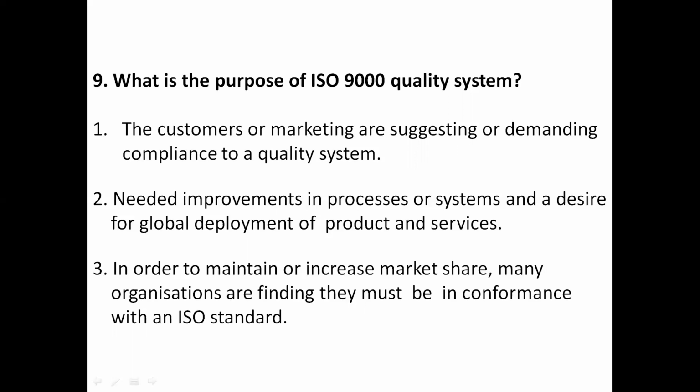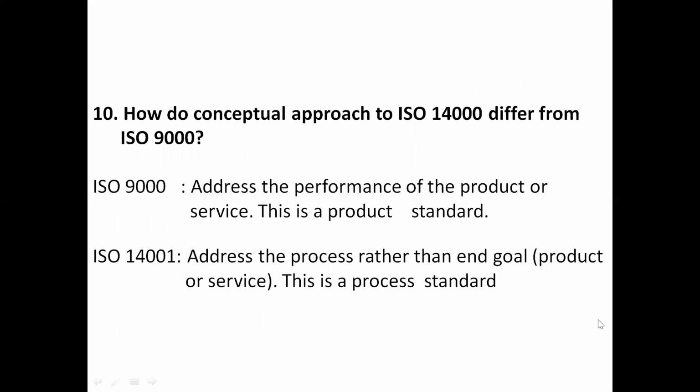If you want to compete in the global market, you have to improve the process. In order to maintain or increase market share, many organizations are finding they must conform to the ISO standard. This is the minimum passport required to travel in the global market. So first is compliance to the quality system. Second, improve your process and system. Fourth, to maintain or increase market share, you must have global acceptance.